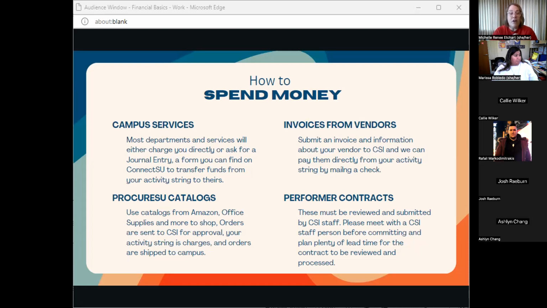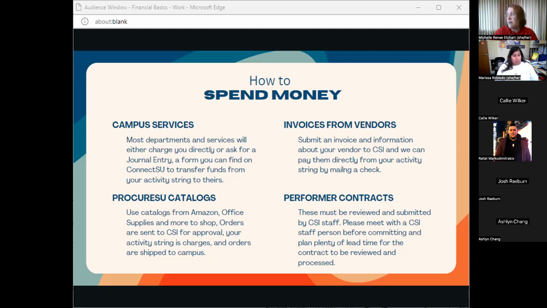Most offices that aren't regular service providers that take money for things will ask you for a journal entry form. That's a form that you can find on ConnectSU, and we will fill it out. CSI signs off on it for you, but I wanted you to see the form, and it transfers your funds from one activity string to another.